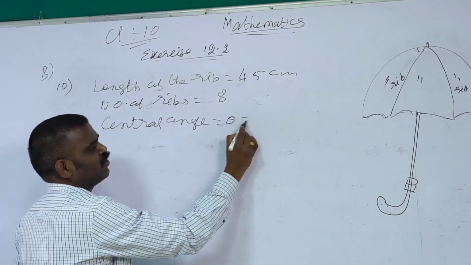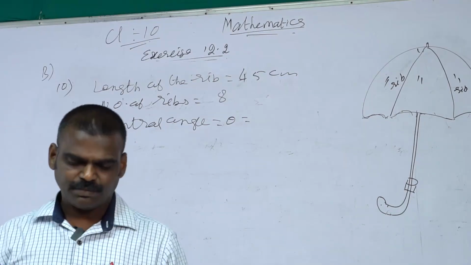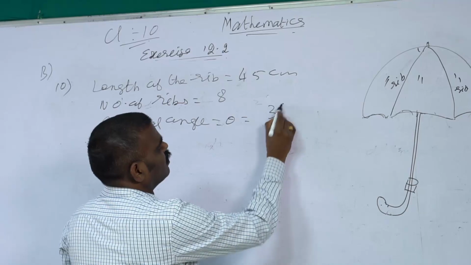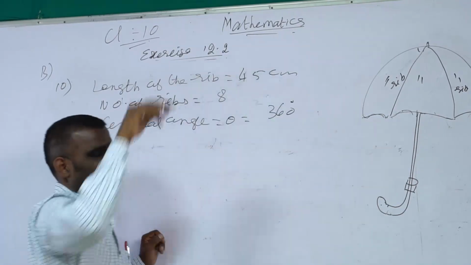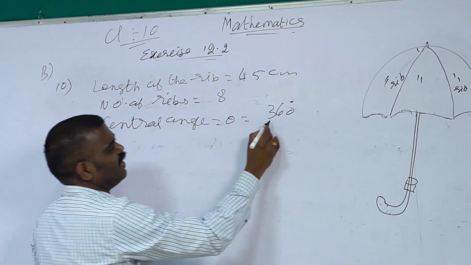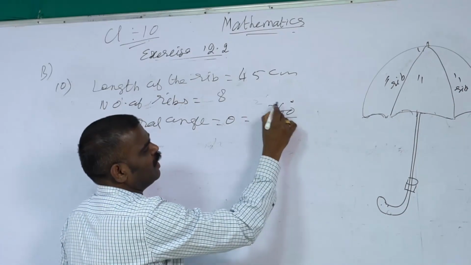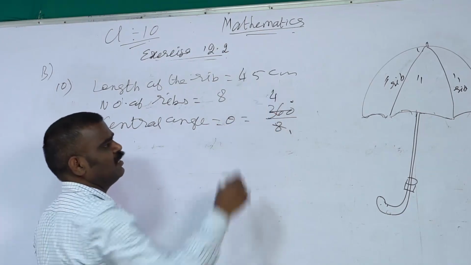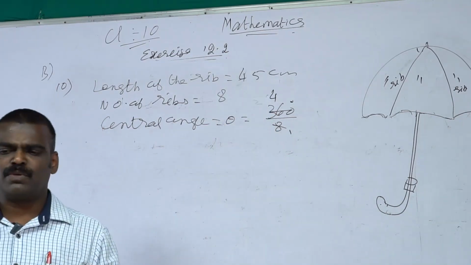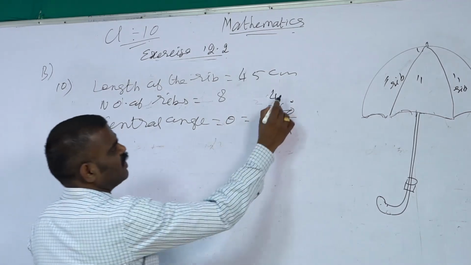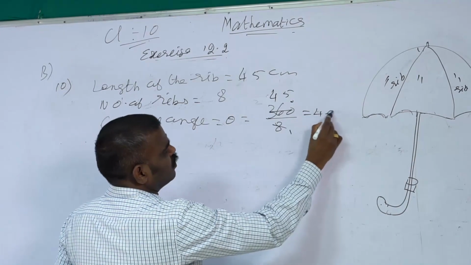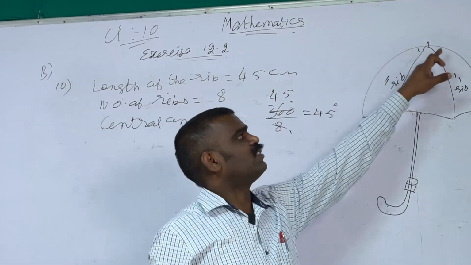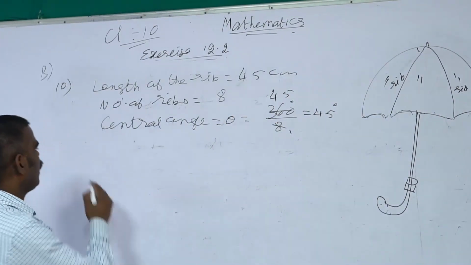Central angle, that is theta, is equal to 360 degree divided by 8 because there are 8 ribs. 8 fours are 32. How much remainder? 4 remainder. 40. 8 5s are 45. So 45 degree. Each angle is how many degree? 45 degree.